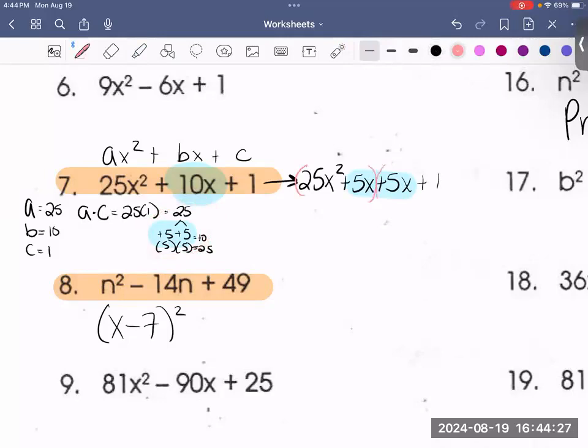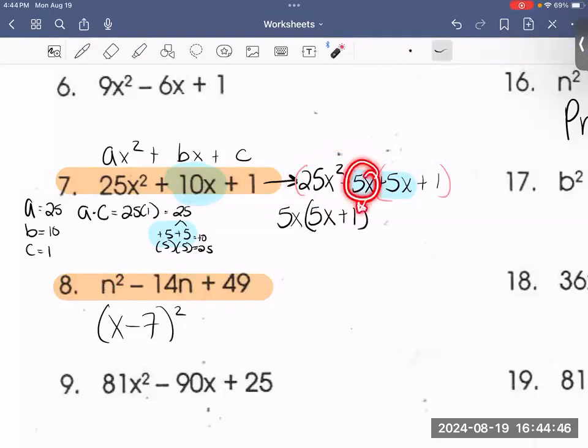Grouping the first two and last two, we're looking at a GCF from your first two, which is a 5 and an x, leaving behind a 5x plus 1. Now, we like this 5x plus 1, because at the end of the day with factor by grouping, we definitely want a 5x plus 1 to match this one, because that's what we'll factor out.